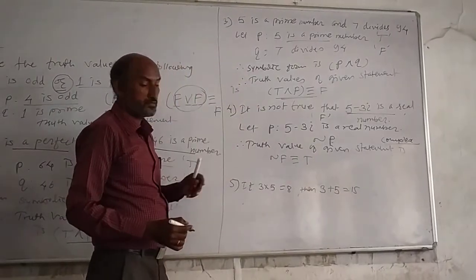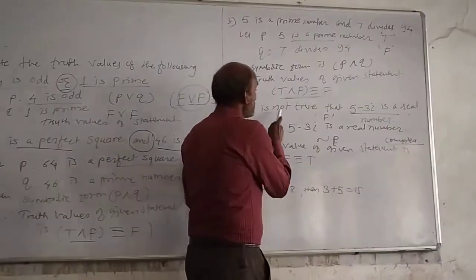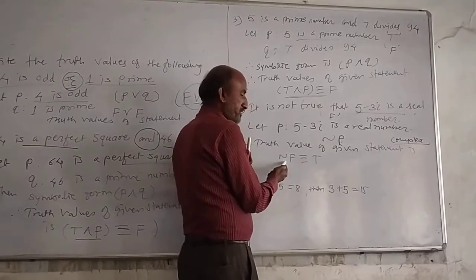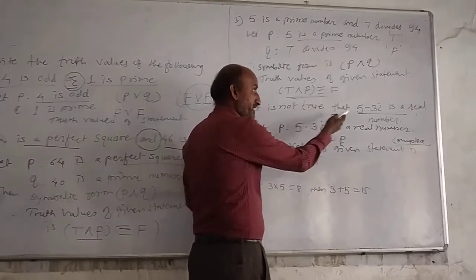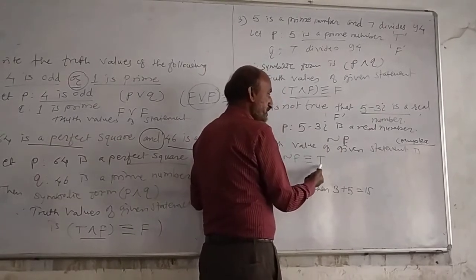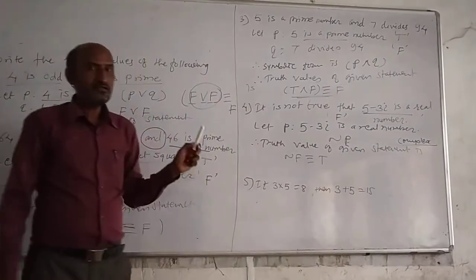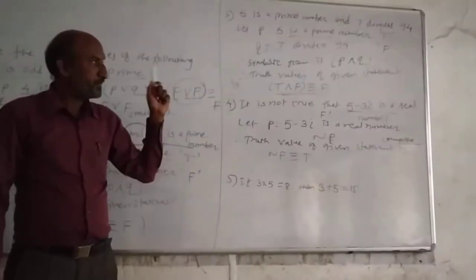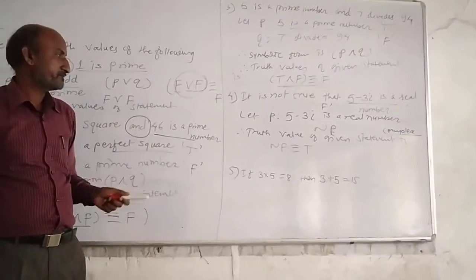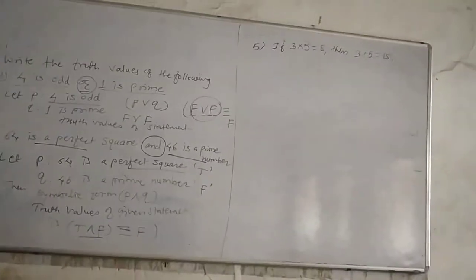It is equivalent to true because it is given that it is not true, means your statement is false, then it is equivalent to true, because this number is not a complex number, that is a real number. This is false, the statement.